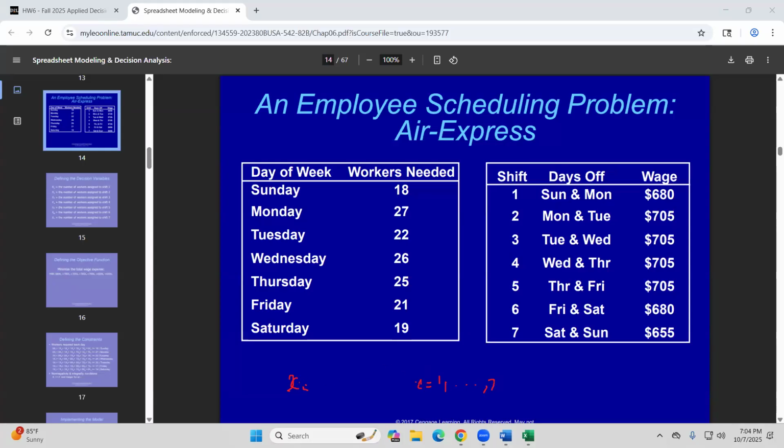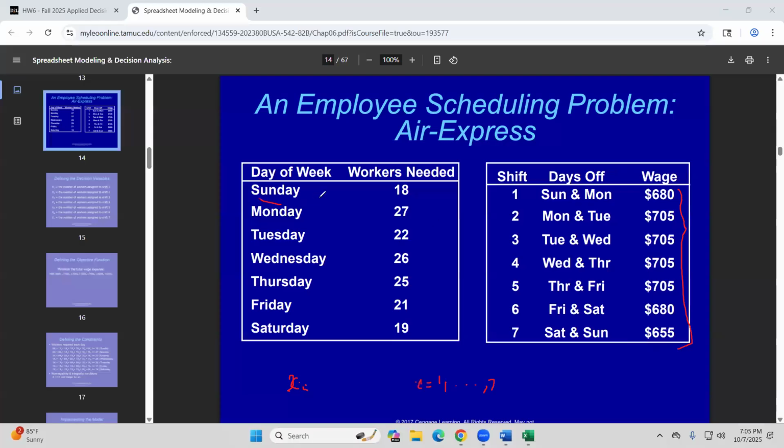So xi is the number of workers we need for each shift. The objective function is just minimizing the costs, right? So 680 times x1 plus 705 times x2 plus the rest. Makes sense? So that's the objective function.